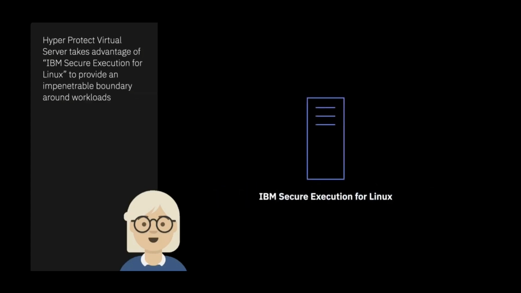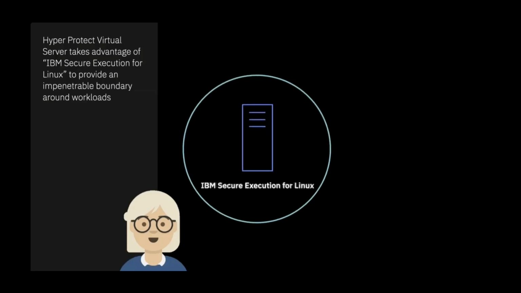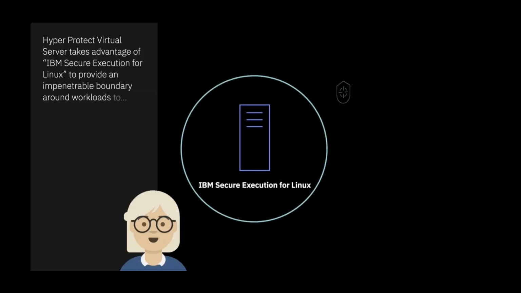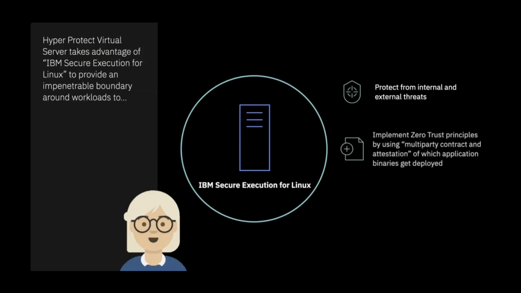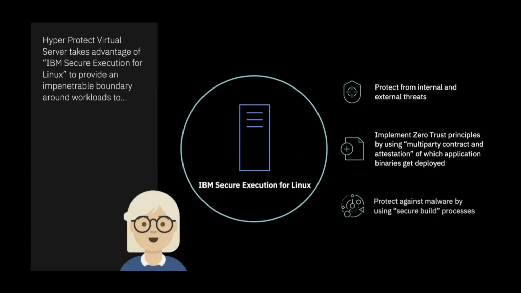IBM Cloud HyperProtect virtual servers takes advantage of IBM Secure Execution for Linux to provide an impenetrable boundary around workloads to protect from internal and external threats, implement zero trust principles by using multi-party contract and attestation, of which application binaries get deployed, and protect against malware by using secure build processes.